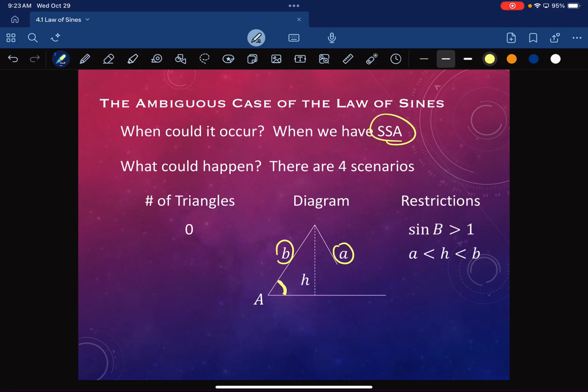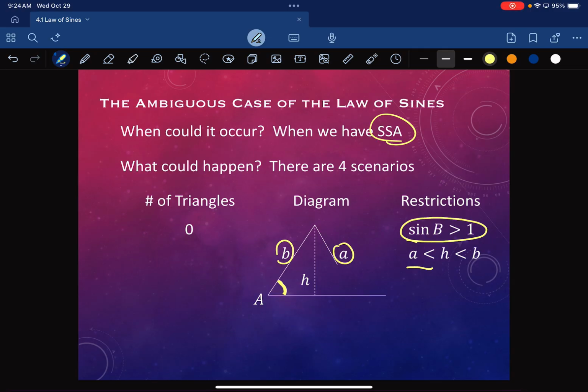And when does that happen? Well, descriptively, it happens when the side A is smaller than the height of the triangle. Okay, that's where that's happening. It also shows up when you're looking for it, like what will happen in trying to solve it is you get a sine of something, sine of B, that's bigger than 1. And we've looked a couple different times at graphs.